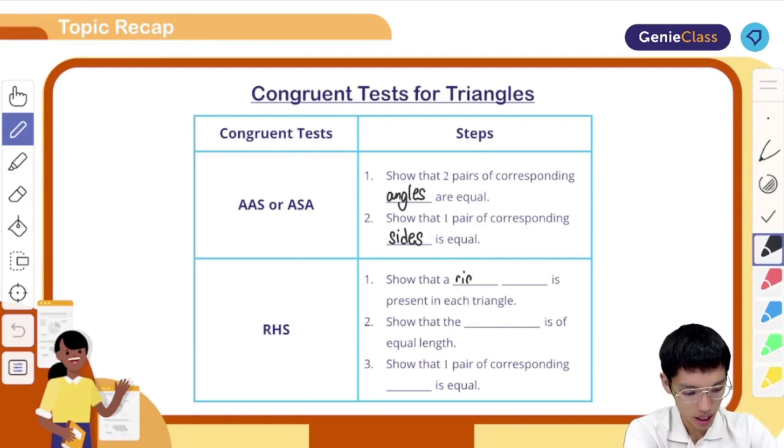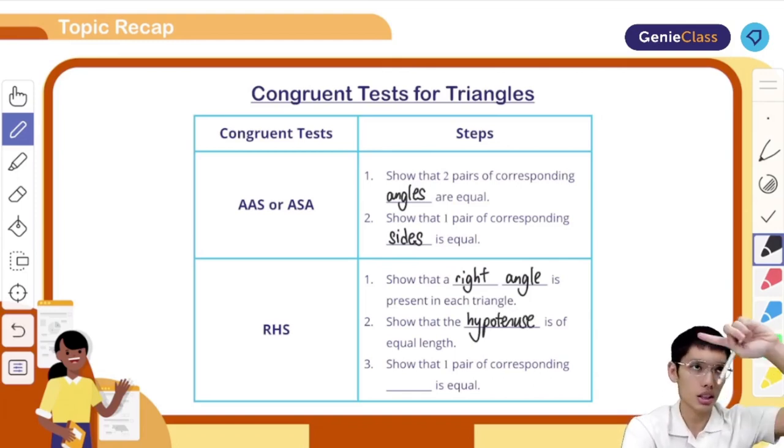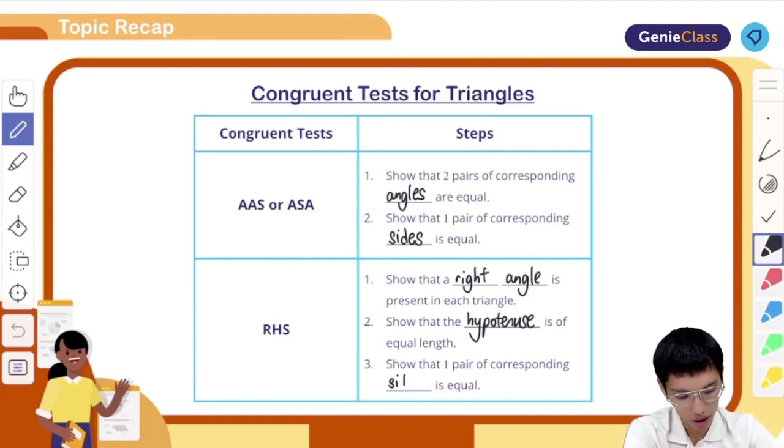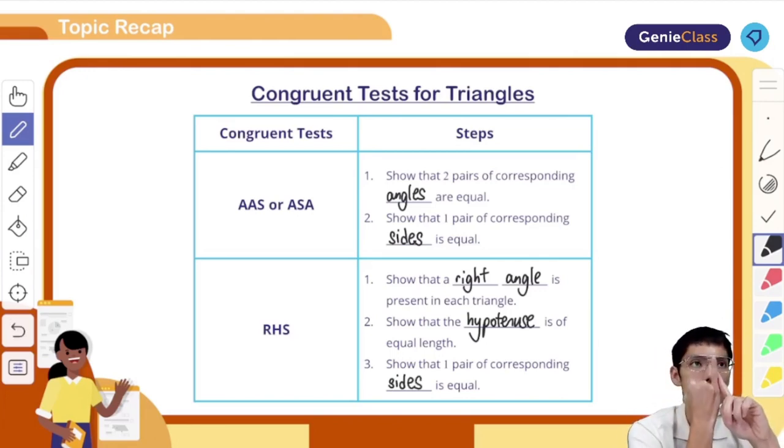R represents my right angle. Next one, H represents the hypotenuse. I hope you all understand what the hypotenuse is in the triangle. It's basically the longest side in the right-angled triangle. And lastly, also 1 pair of corresponding sides. So just to recap, the congruence tests we have are SSS, SAS, AAS or ASA, and last one, RHS. These 4 of them are very, very important for congruence tests.